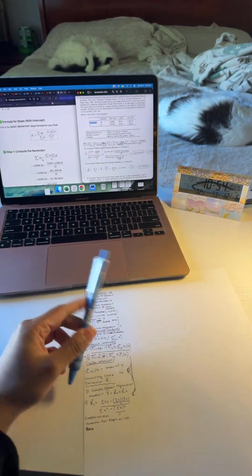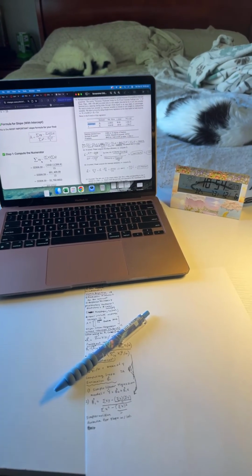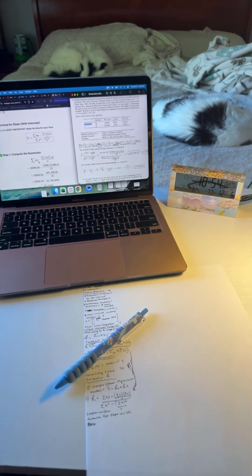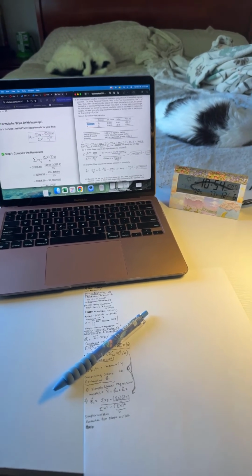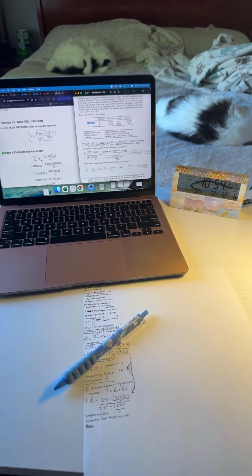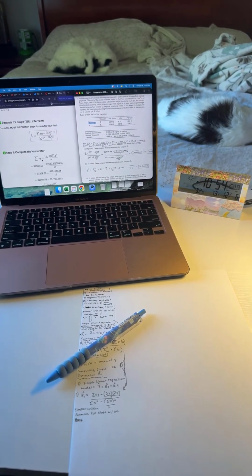I should probably do it though, just for practice. Wait, I can't find my calculator. Ugh, this sucks, man.